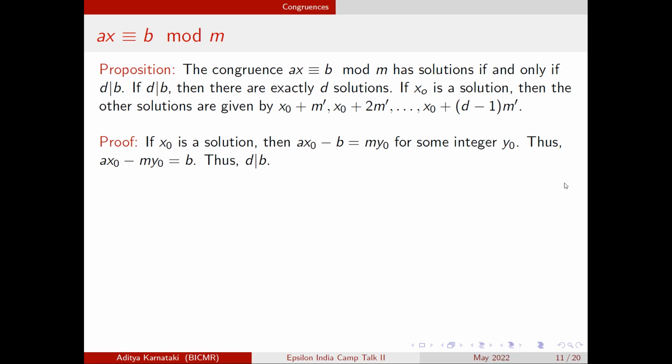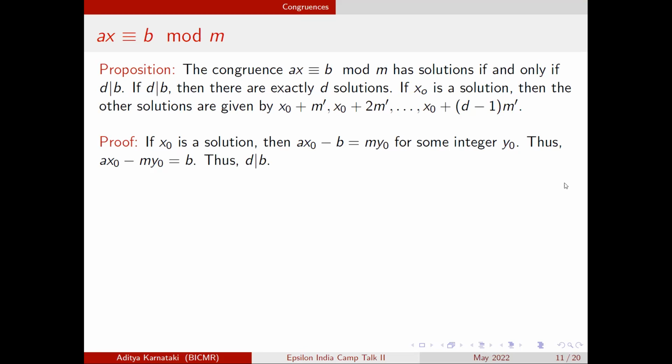And then you just swap the terms b and my0 to the other side. And now the GCD D divides both terms on the left hand side. D divides ax0 and D divides my0. So D has to divide B. So if there is a solution, then D has to divide B.